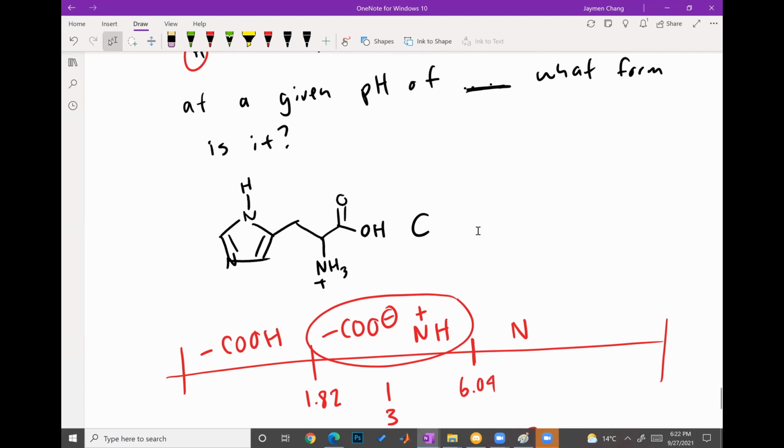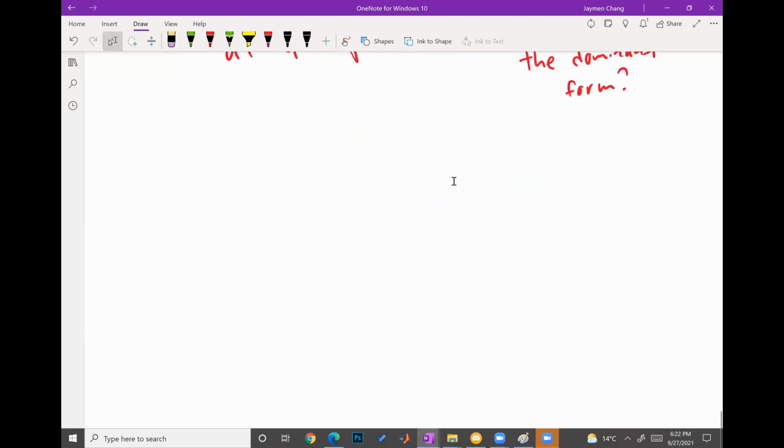You've talked about carbocation stabilities, right? Have you guys talked about carbocation stabilities? Just let me know in the chat. Okay. So real quick, if we think about carbocation stability, we have a primary carbocation, a secondary carbocation, a tertiary carbocation, and then something that's allylic.